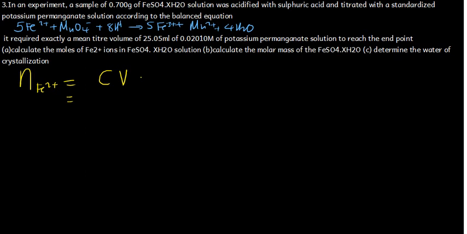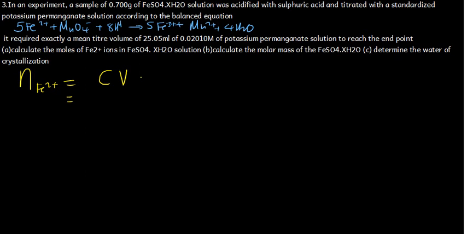We are told that the 0.7 gram hydrated iron sulfate solution required exactly a mean titer volume of 25.05 milliliters of 0.0210 molar potassium permanganate.